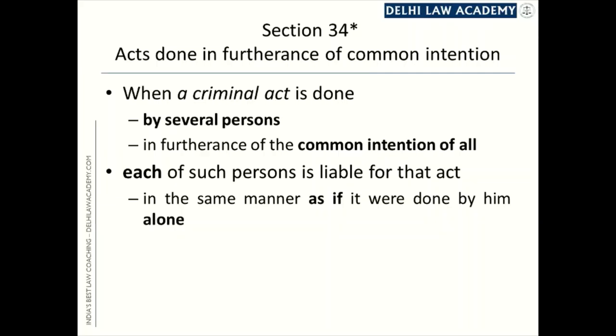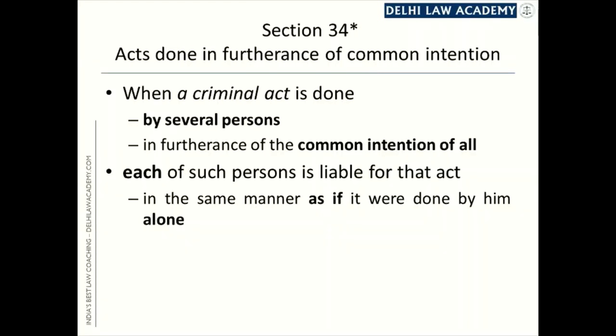The postmortem report shows that this person X died because of the head injuries. He did not die because of the injuries caused on his legs by person A. He did not die because of the injuries caused on his hands by person B. He died because of the head injuries caused on him by person C.